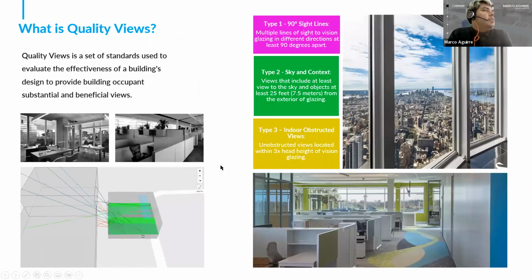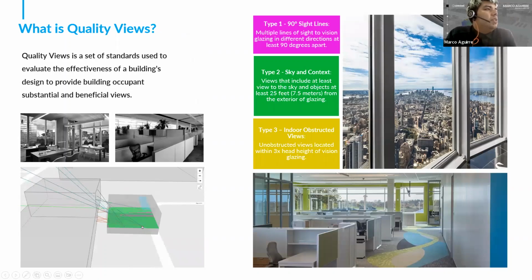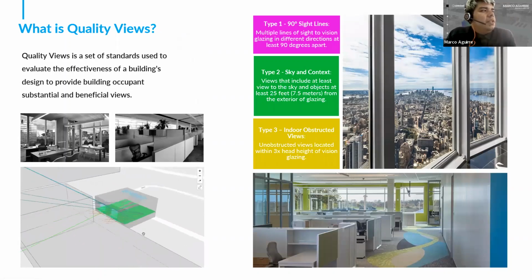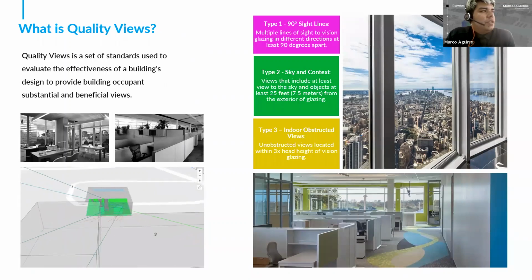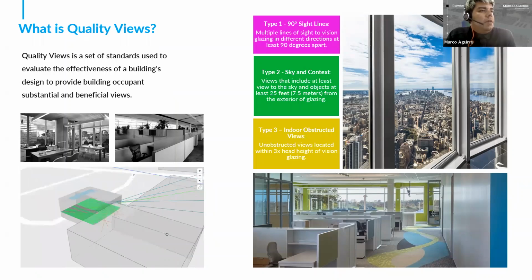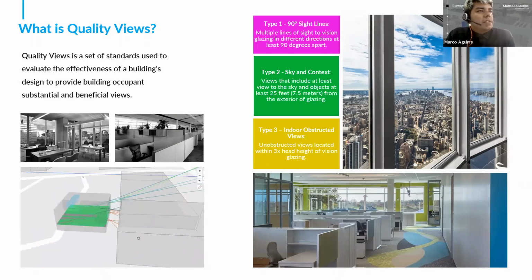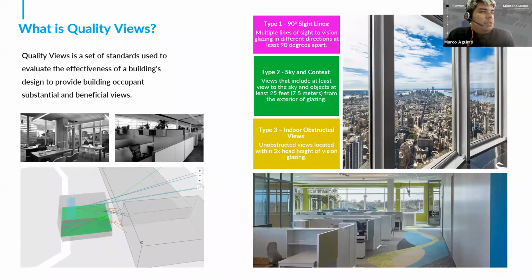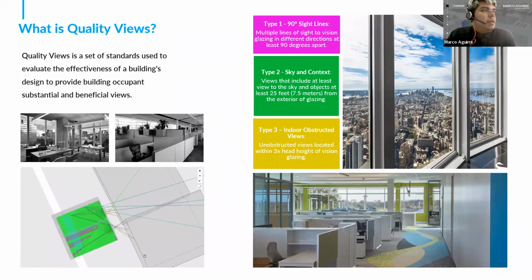The next 3D analysis type we have is quality views. This one doesn't have anything to do with measuring daylight, but is completely about the 3D environment and what is visible. So we're moving away from daylight, just talking about more of the 3D analysis space.